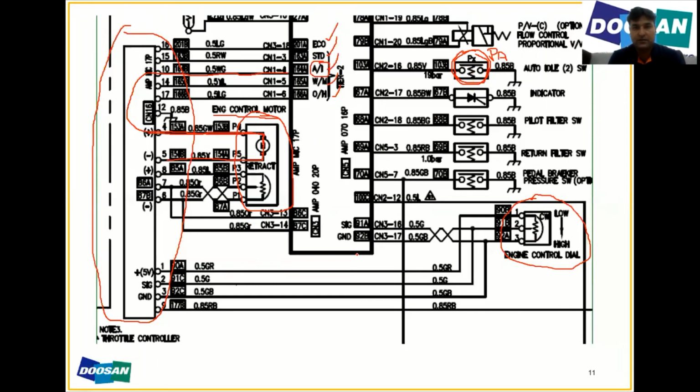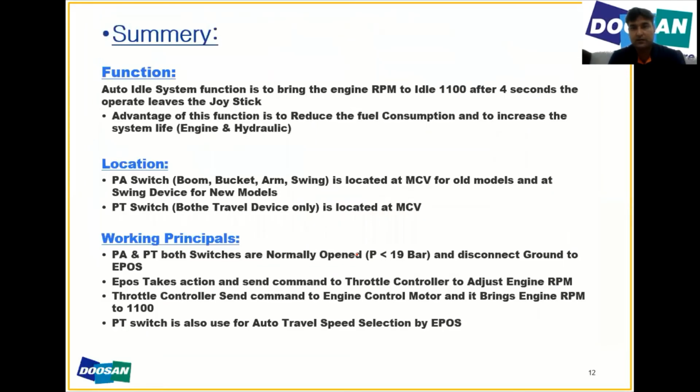So this is electrical and hydraulic. Now, what is the summary of the session we discussed so far? Function: the function of the auto idle system is to bring the engine RPM to idle 1100 after 4 seconds of the operator leaving the joystick.